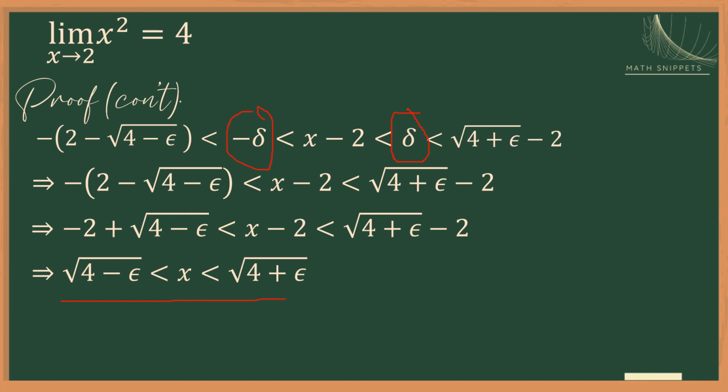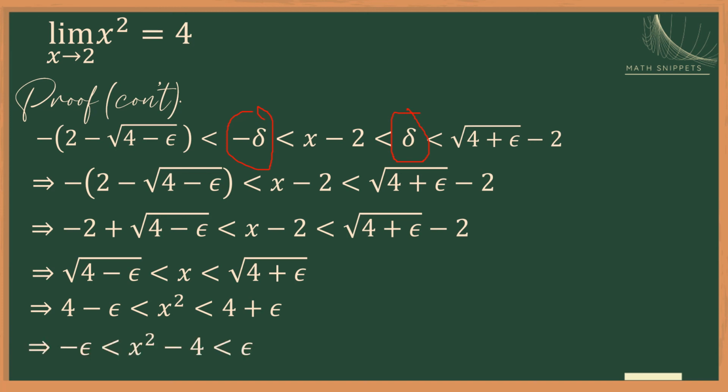Now, we can square both sides, and this gives us this inequality. Now, we can transpose 4 or we can subtract 4 from every term in the inequality, giving us x squared minus 4 between negative epsilon and epsilon.